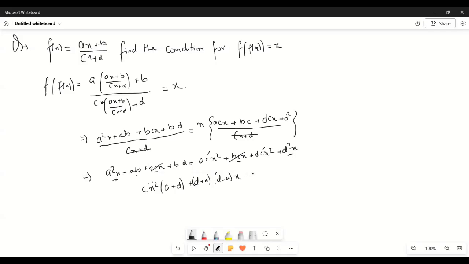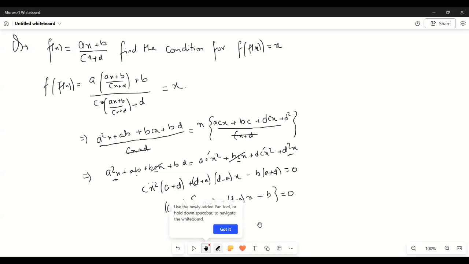So that's like minus of b taken common, a plus d is equal to 0. So a plus d कॉमन आ गया, ब्रैकेट में आ जाएगा cx square plus d minus a x minus b is equal to 0.